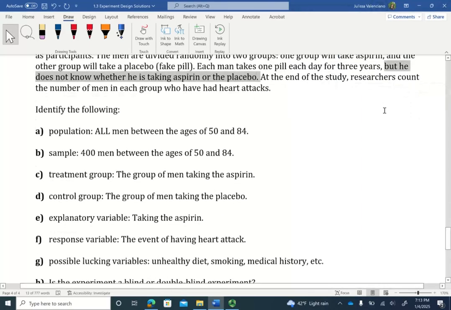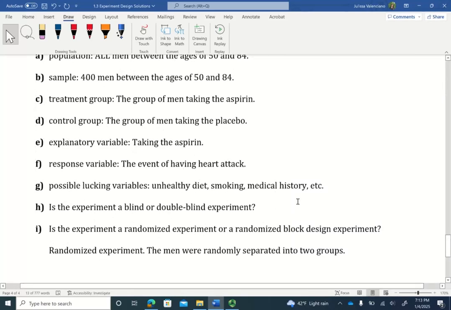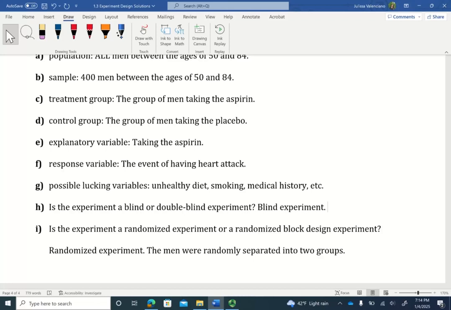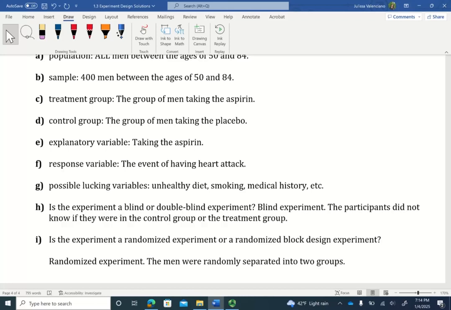So looking back at this question, we're going to answer that this was a blind experiment because the participants didn't know if they were in the control group or the treatment group. And again, we cannot assume that it was a double-blind experiment because we're not being told whether the researchers knew if the participants were in the control group or the treatment group.